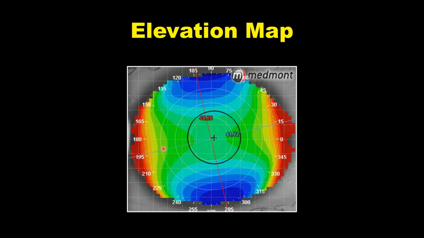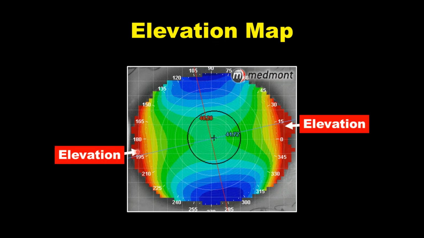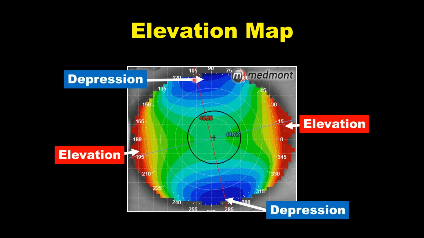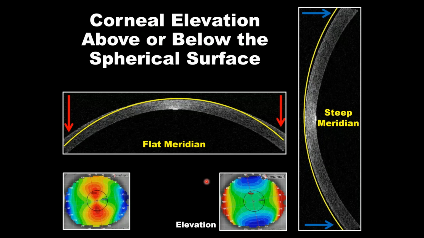And wherever the eye is higher than the elevation sphere, you're going to see red. Wherever the eye is below the elevation sphere, you're going to see blue. So the elevation map is incredibly valuable because it tells you where a contact lens is going to hit the hardest, where it is going to hit the least.